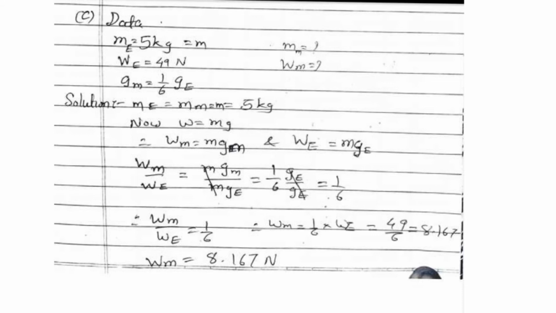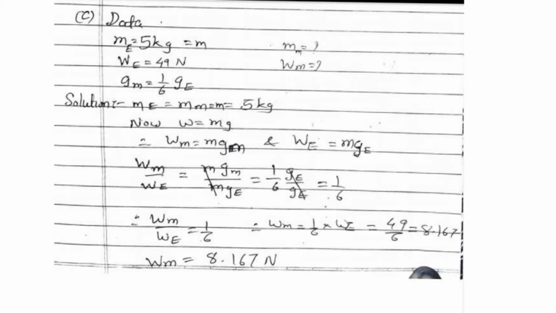Now for the second answer, we'll be using the formula W is equal to mg. So on the moon it will be Wm is equal to m into gm, acceleration due to gravity on the moon, and on the earth it will be m into acceleration due to gravity on earth.